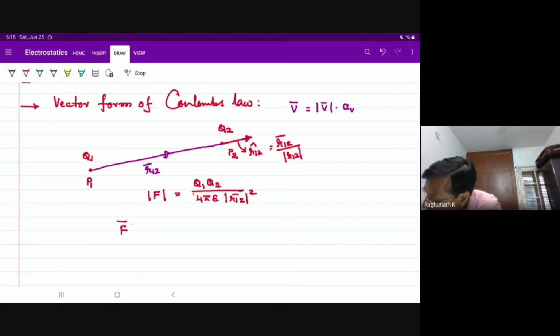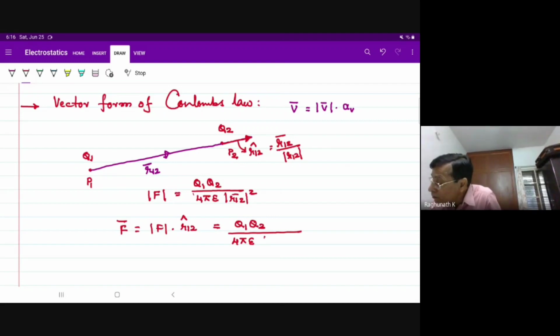It is equal to modulus of F into R12 cap, which is equal to Q1 Q2 by 4 pi epsilon mod R12 cubed into R12 bar.